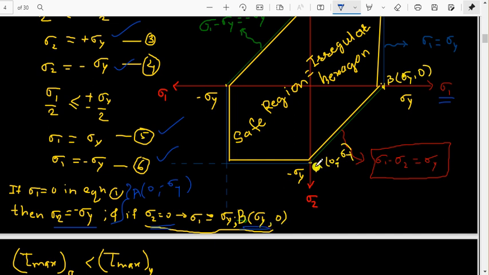Okay. Now we will put these points on this graph. Our point A is 0, minus sigma y. The x coordinate is 0 and the y coordinate is minus sigma y here. So we have got this point. Similarly, the second point is sigma y, 0. The y coordinate is 0.